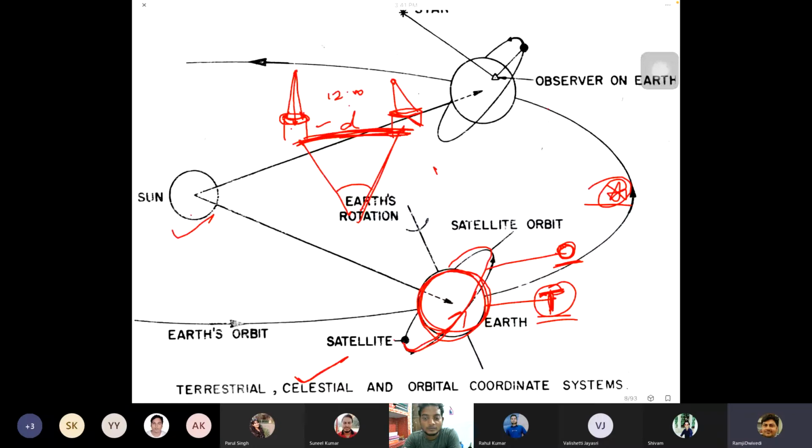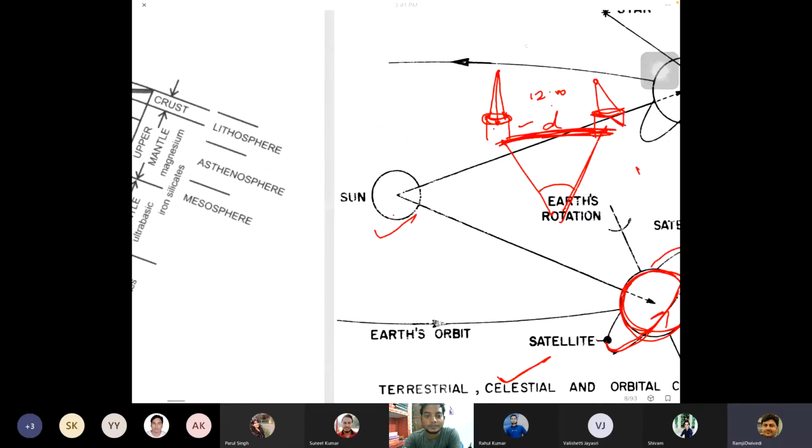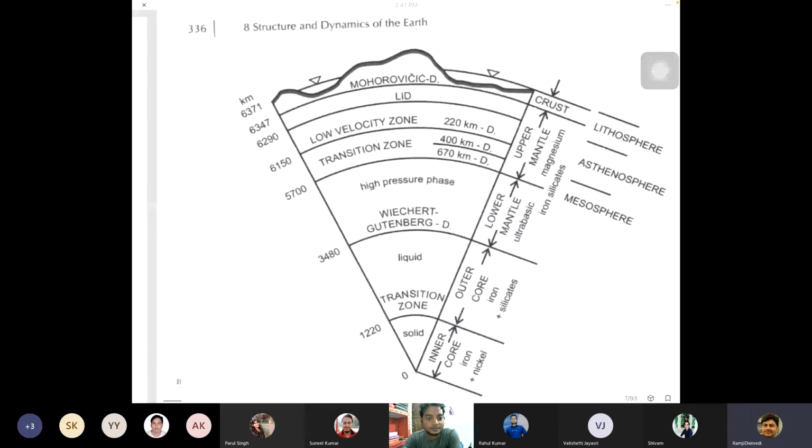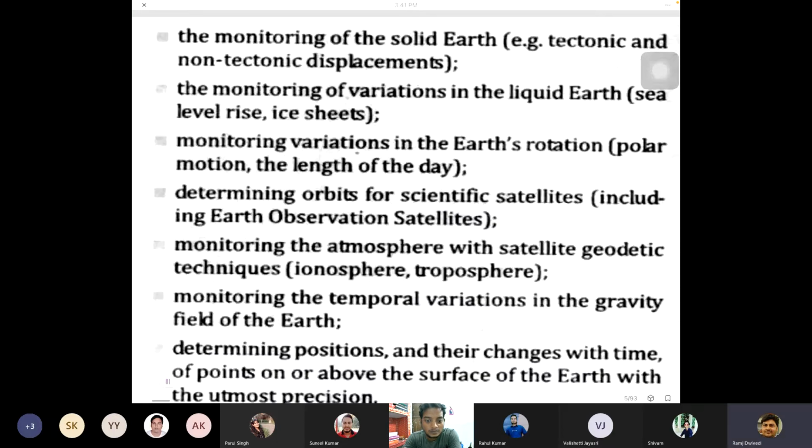Okay, so we discussed this, and in fact this was the figure which we discussed. It's a very nice figure, where it is written that the earth science applications and the reference frame are very much correlated, isn't it?